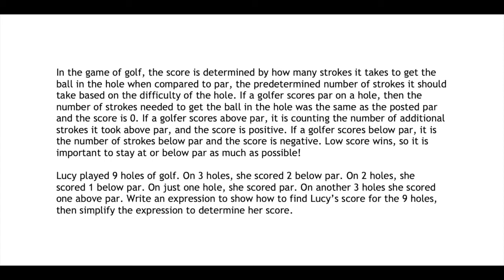If a golfer scores above par, it is counting the number of additional strokes it took above par, and the score is positive. If a golfer scored below par, it is the number of strokes below par, and the score is negative. Low score wins. So it is important to stay at or below par as much as possible.